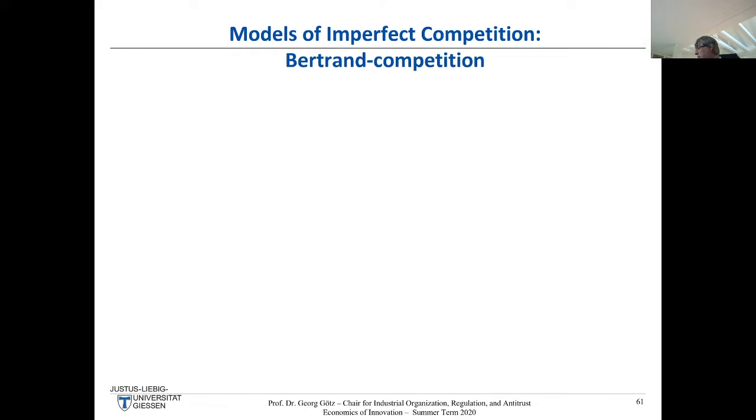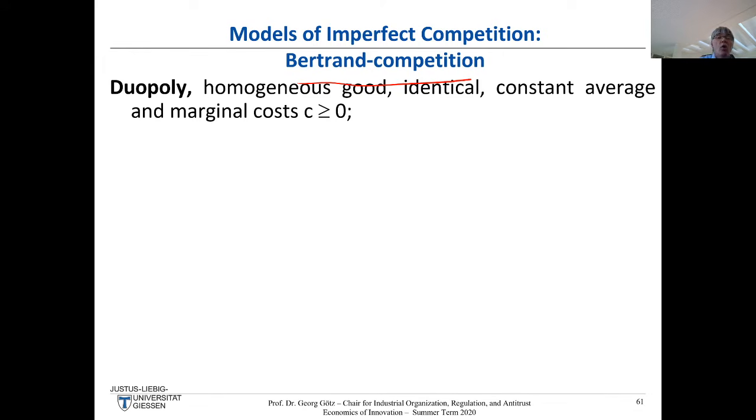Okay, that's about it for the monopoly, and that's pretty much what I usually do already in my Micro 1 course, the principles course for the freshmen. Now we look at our first workhorse model, which we very often use, Bertrand competition among homogeneous good producers who have identical and constant average and marginal cost.